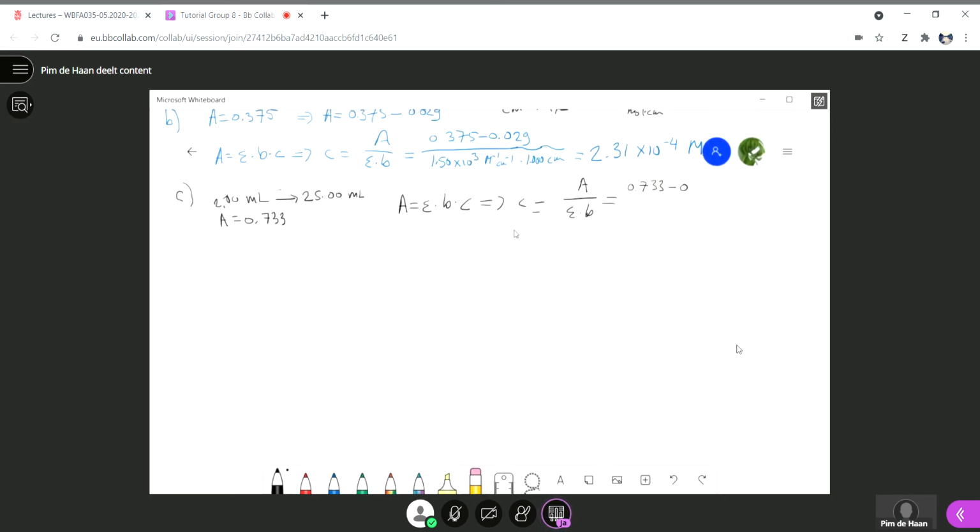0.733 minus 0.029, I think, what was the blank again? 29, I think. Divided by 1.50 times 10 to the third times 1 centimeter. And we diluted this 12 and a half times, right?